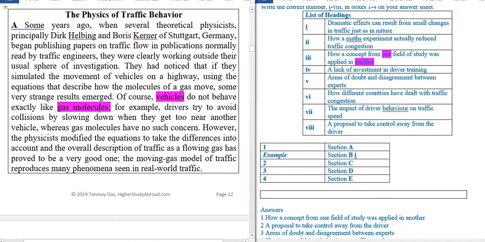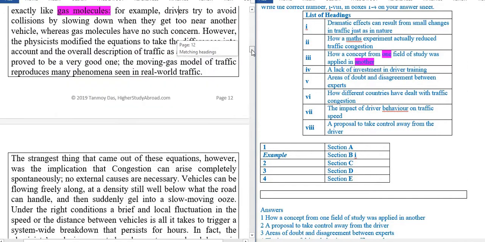So I have a feeling that maybe the answer is like how a concept of one field of study was applied in another, this type of thing. Why? Because they are physicists and they are trying to solve a traffic flow. Gas molecule, vehicle, maybe I have a feeling right now.